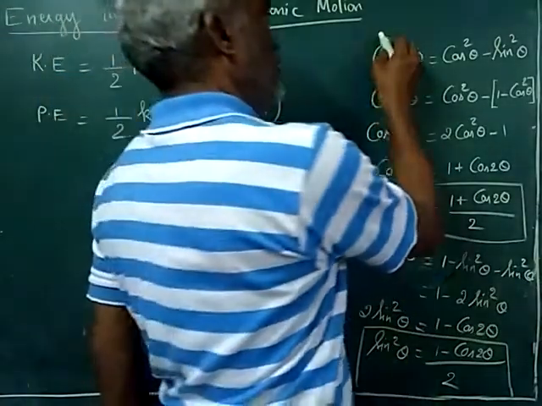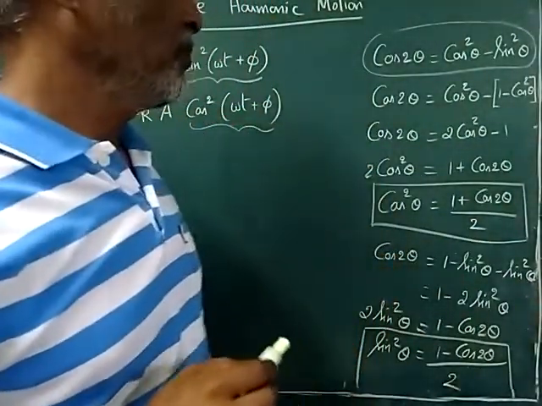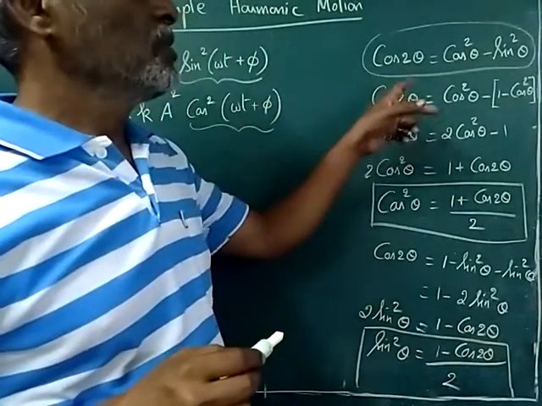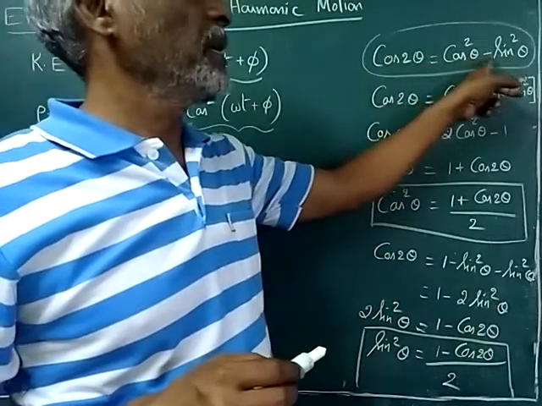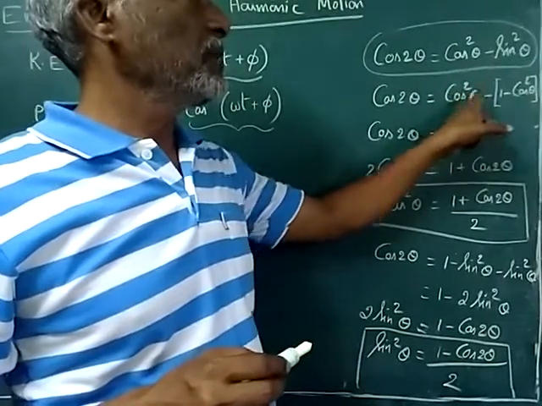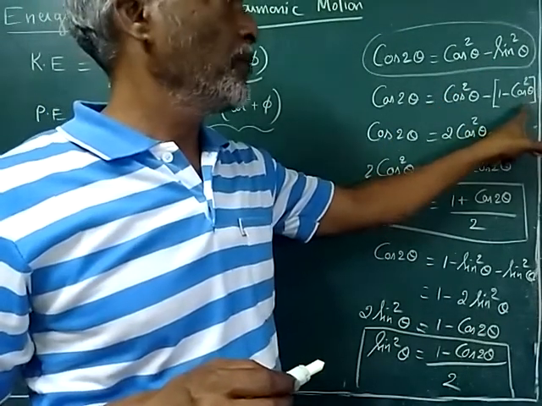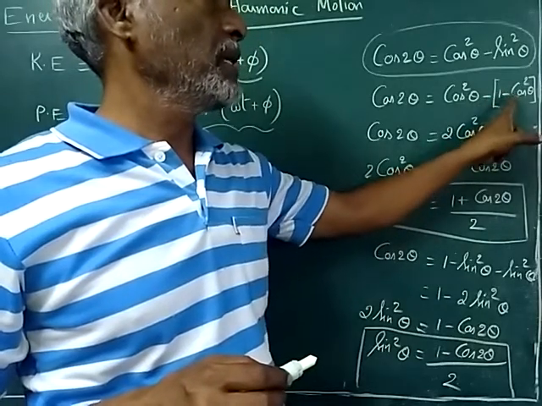So we will derive a relation connecting cos 2 theta and sin square theta. The well-known formula is cos 2 theta is cos square theta minus sin square theta. Sin square theta can be written as 1 minus cos square theta. Bring this minus sign inside, minus into minus will become plus.